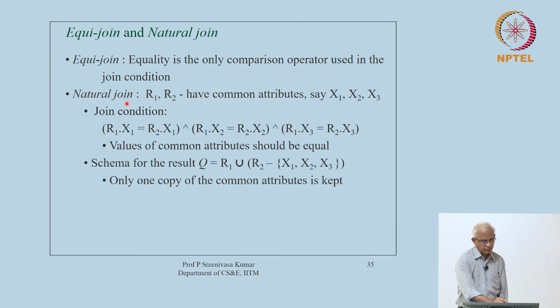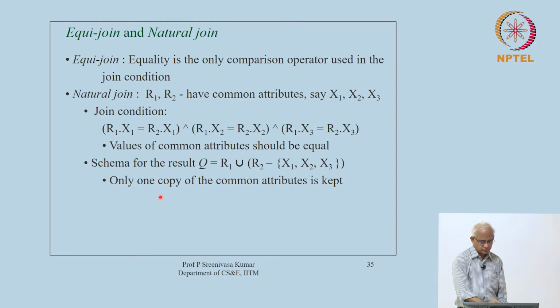And natural join is where we make a specific assumption that R1 and R2 have indeed common attributes, like say x1, x2, x3. Let us say these are the 3 common attributes. Then we do not even have to specify the join condition.